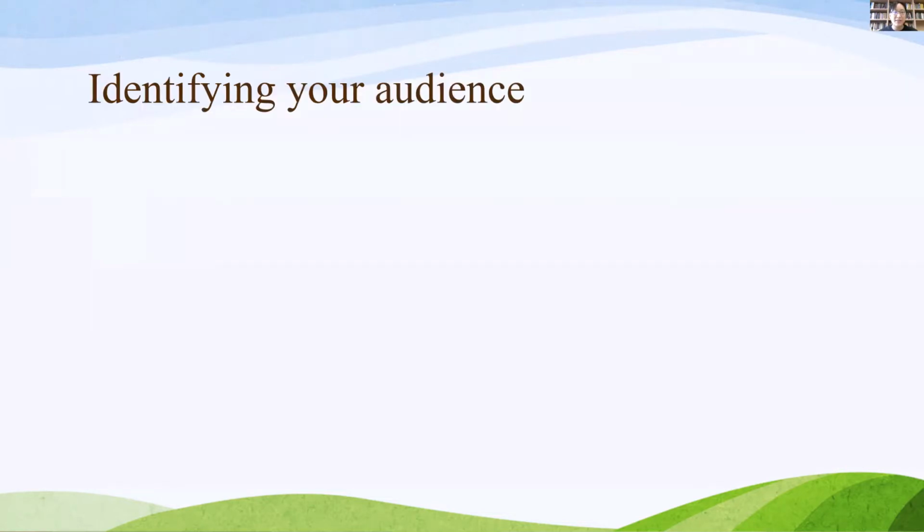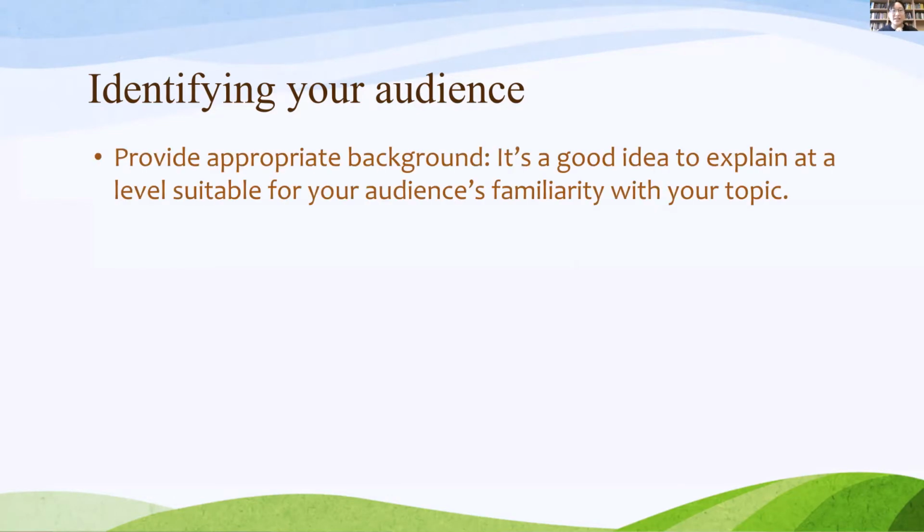The first part of identifying your audience when you're writing your abstract is that you should provide appropriate background. It's a good idea to explain all the technical terms, if there are any, in your talk abstract at a level that's suitable for your intended audience's familiarity with your topic.